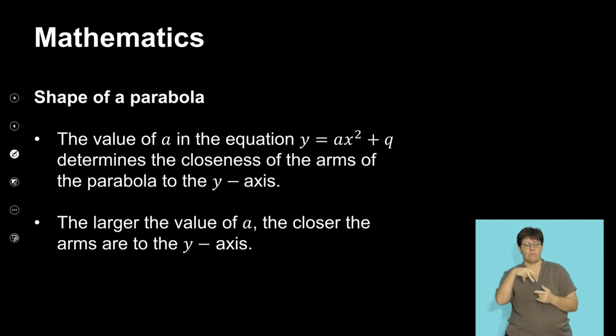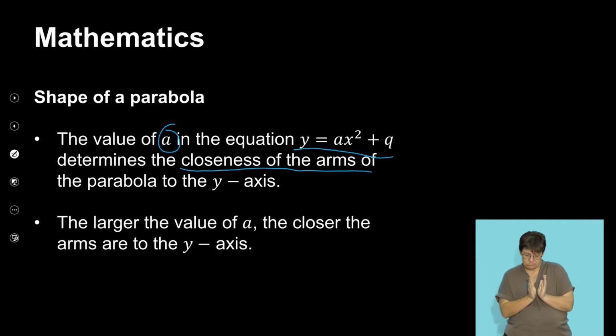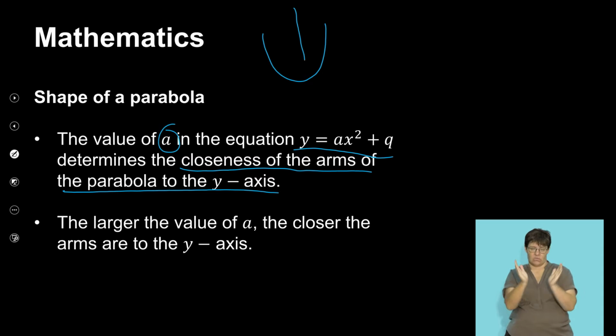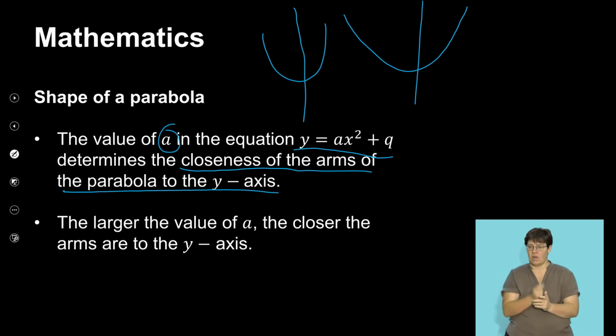Now, when you talk about the shape of a parabola, the value of a, in this general equation, determines the closeness of the arms of the parabola to the y-axis. So you do need to understand this, right? So it means if a is small, it will be this particular close, and then if it's big, you'll find that it's a bit wider like that, from the y-axis.